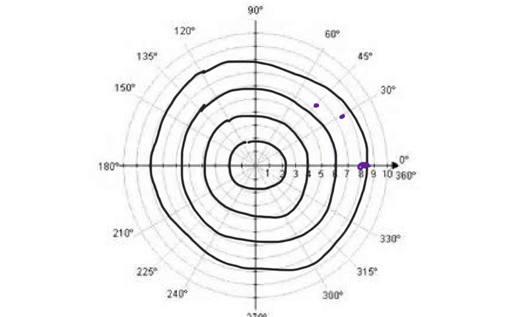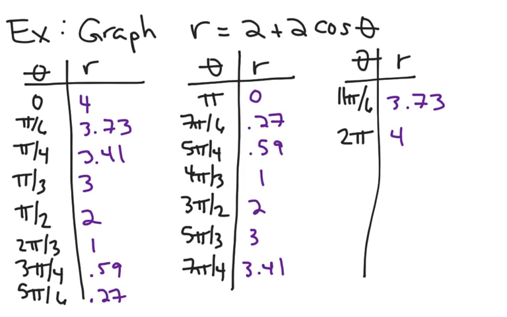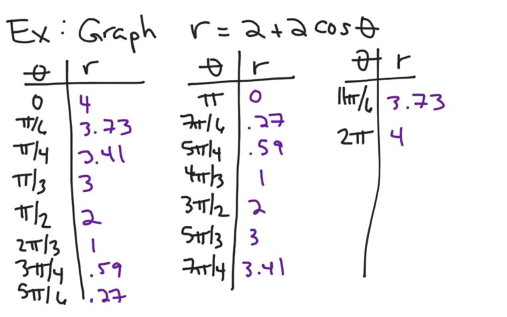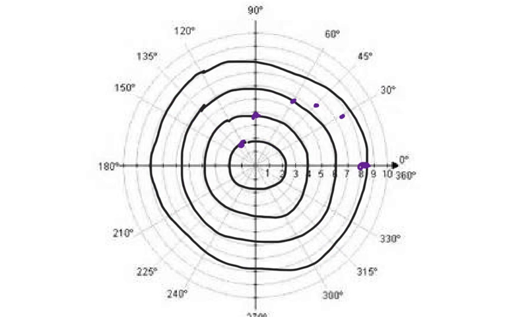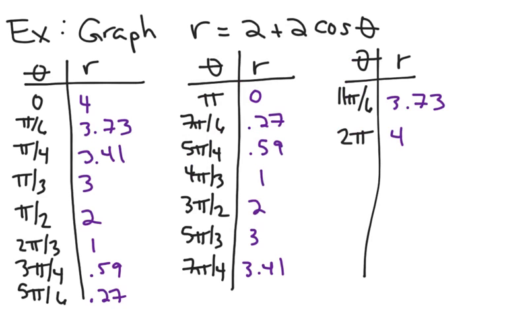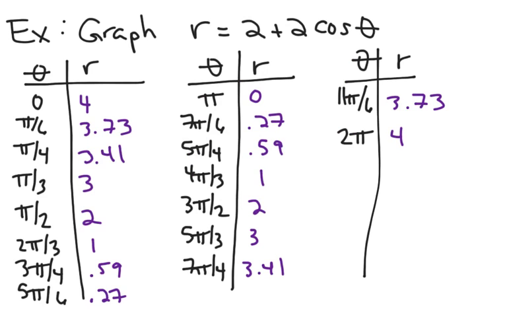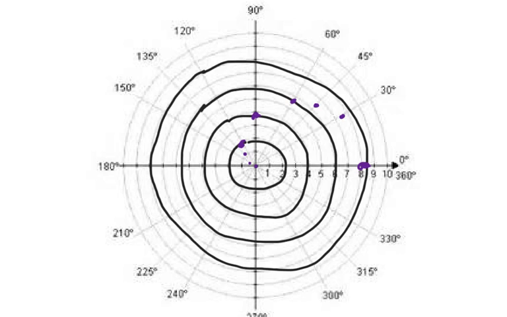And then it was at 3, and then at 2, and then at 1. And then at 3 pi over 4 it was at 0.59, so it was probably in here somewhere. And then it was at 0.27, which was really close to the origin. And then at pi, it was 0, which is the origin.